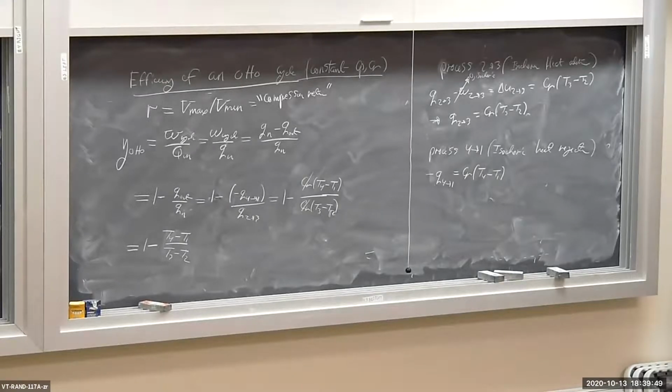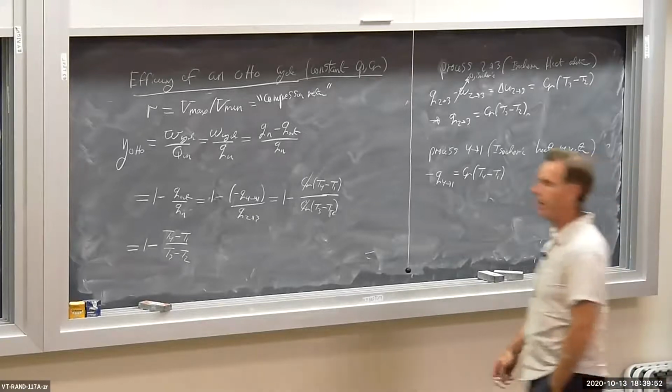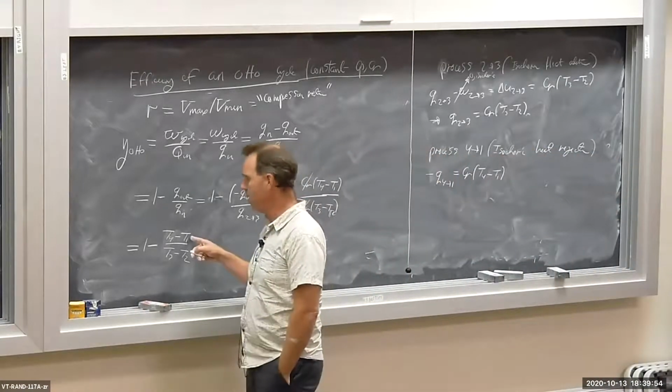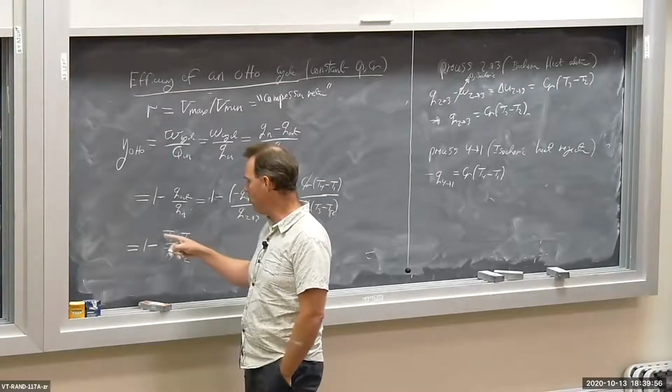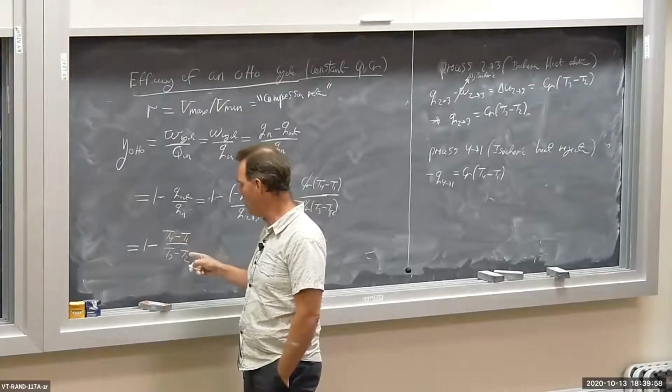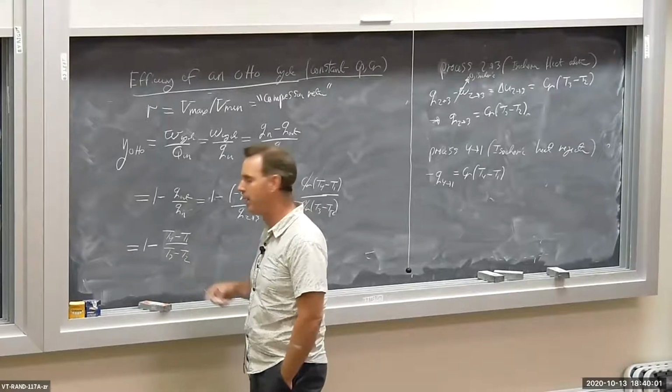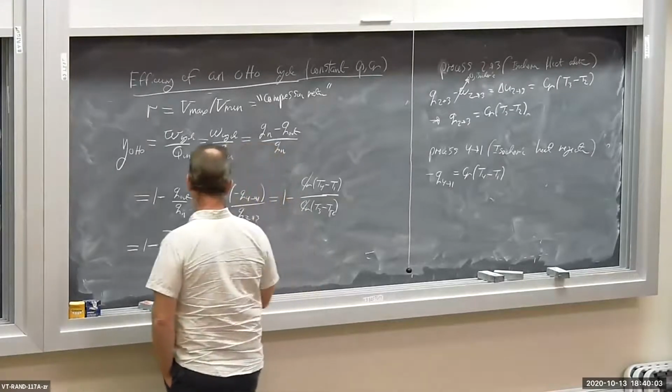Let me do something that might look a little bit strange, but is actually very helpful. I'm going to extract out the T1 and the T2 from the numerator and the denominator, and I'm going to put them in front of the fraction.